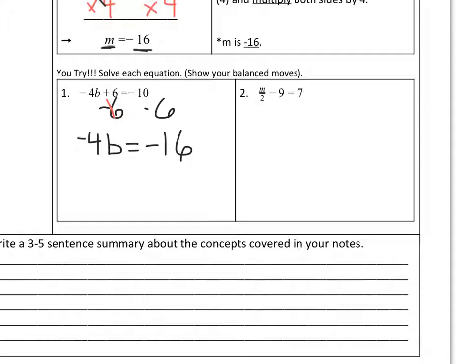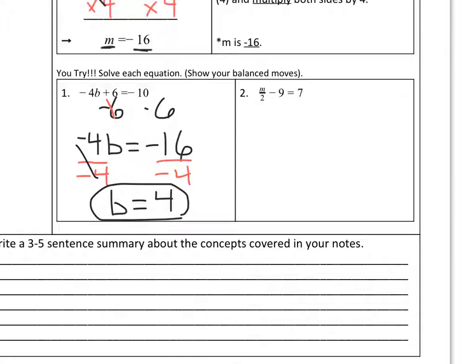So let's divide by negative 4. And one way we could do division is if we just put a fraction line. Divide by negative 4, divide by negative 4. If you wrote the division sign, that's great too. Those will cancel each other out, and we'll get b equals negative 16 divided by negative 4, which is going to be a positive 4, since they're both negatives.